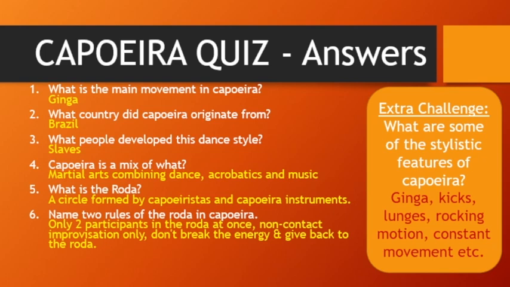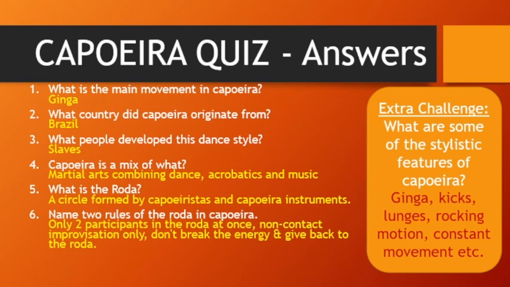Question number 4. Capoeira is a mix of what? It's a mix of martial arts combining dance, acrobatics and music. So even if you just got martial arts, that answer would be correct. Question number 5. What is the roda? So the roda is the circle that's formed by the capoeiristas or the participants and also the capoeira instruments.